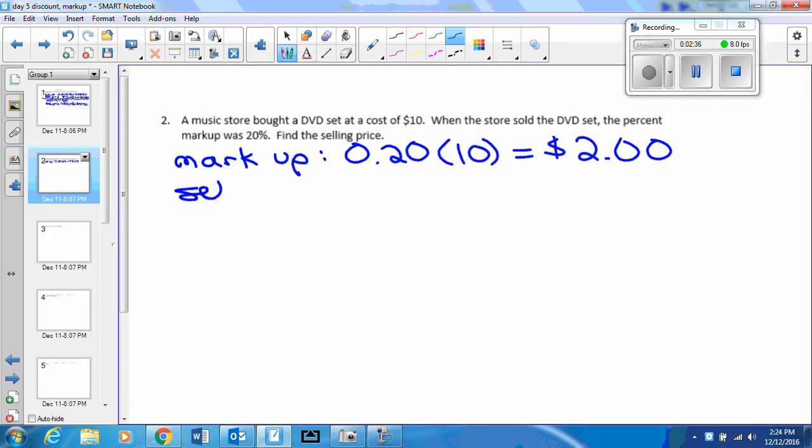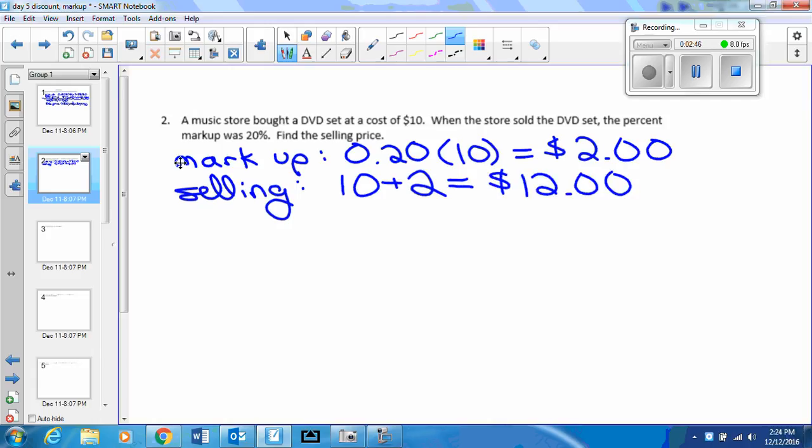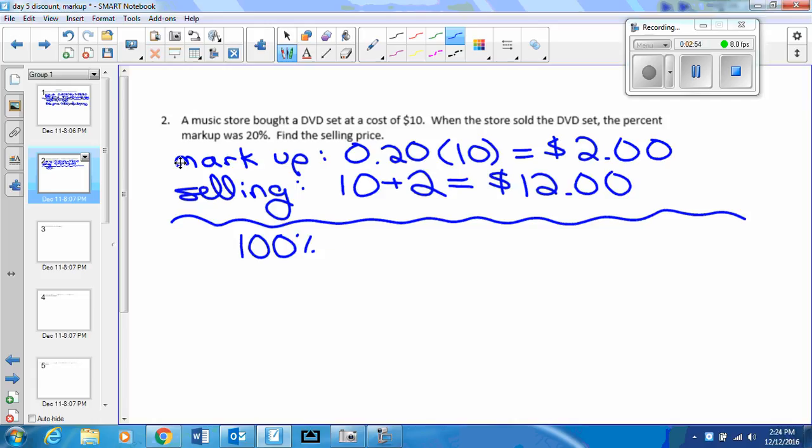So now to find the selling price, with a markup, we would add the amount of markup to the original wholesale. So the selling price would be $12. The other way to do this, again, is with percents, but because it's a markup, we're going to add to 100% because it's an increase in the price.